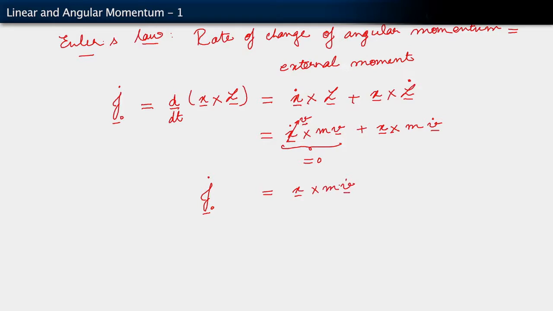And then invoking Newton's law for mv dot, which is the rate of change of linear momentum, making that substitution, what we see then is that the rate of change of angular momentum, which is J naught dot, is indeed x cross f, which is what we mean by the external moment.